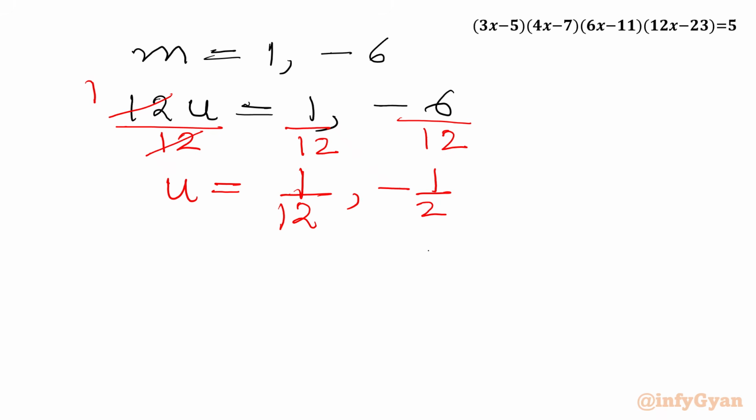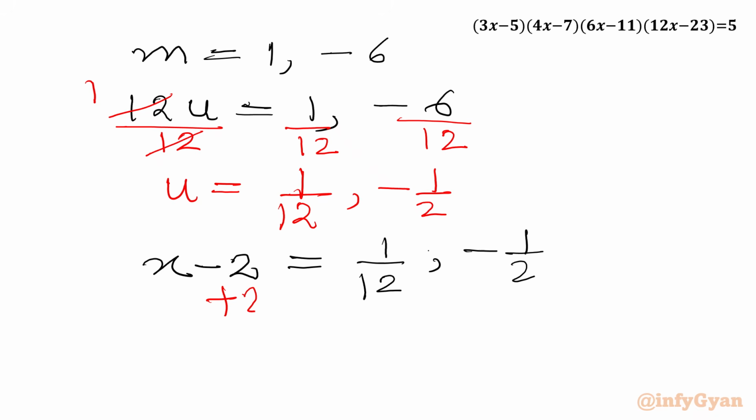Now u was x minus 2. So in place of u, we can write x minus 2. This will be equal to 1 over 12, minus 1 over 2. Now to find the value of x, we do not want this minus 2. So we have to add 2 to both sides. Plus 2, and here also we will write plus 2.